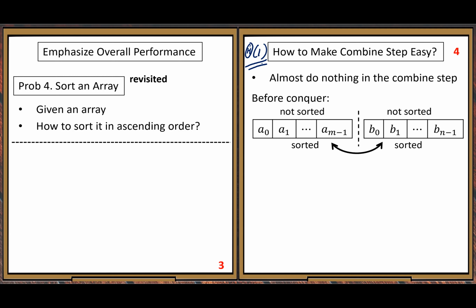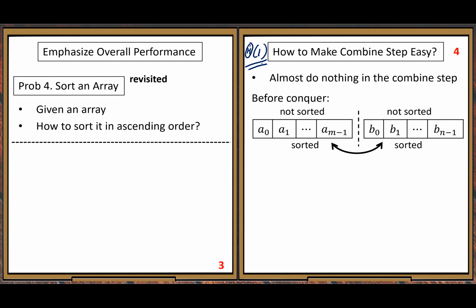The next question. After we join these two sorted subarrays, we immediately get an overall sorted array. To make this possible, we need to put some condition there.